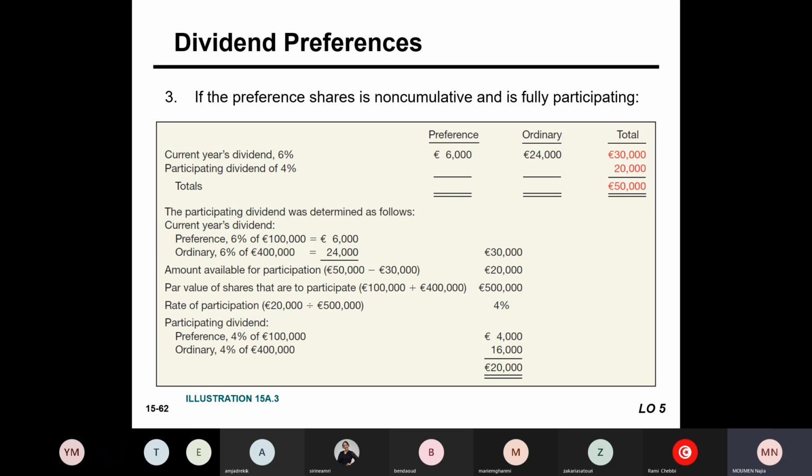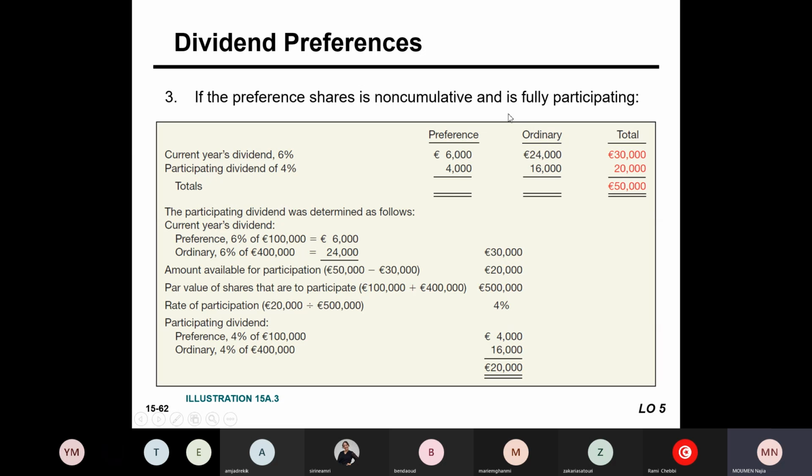This is how we share this remainder of 20,000 between preference and ordinary shares, after of course giving them their initial rate of 6% for the current year. You see here? So that's the situation when you have preference shares that are fully participating but also non-cumulative. Here we're just talking about the current period. So we just pay the current year's preference shares and current period ordinary shares, but if there is any money left, any portion left, it should also be distributed to preference and ordinary.